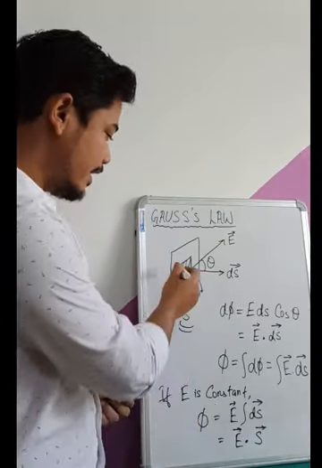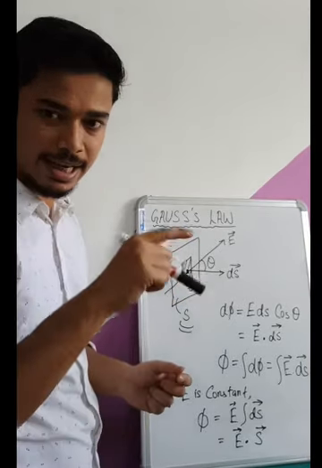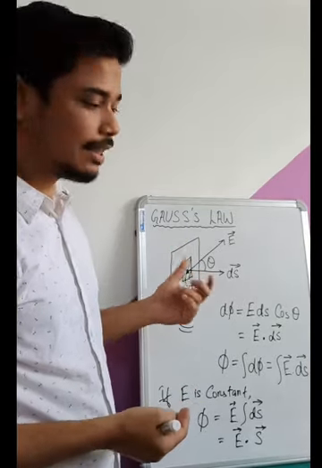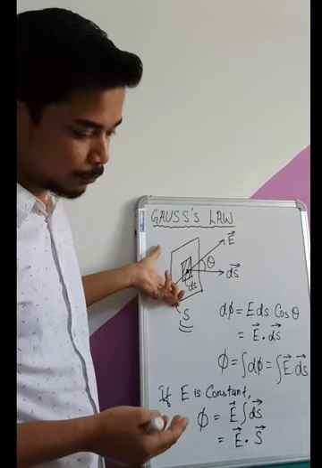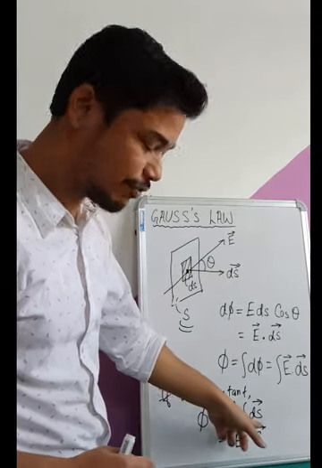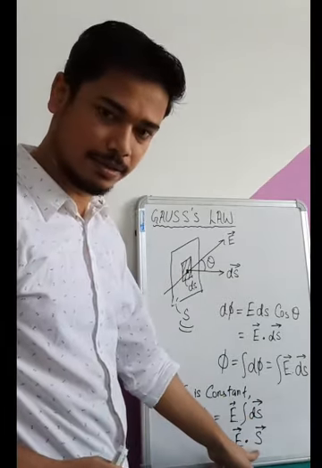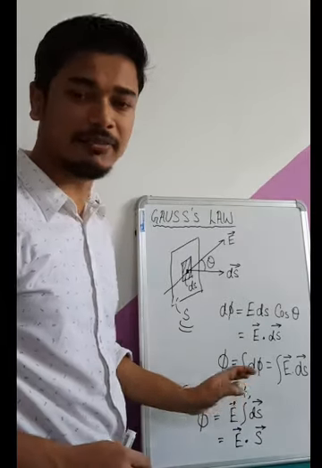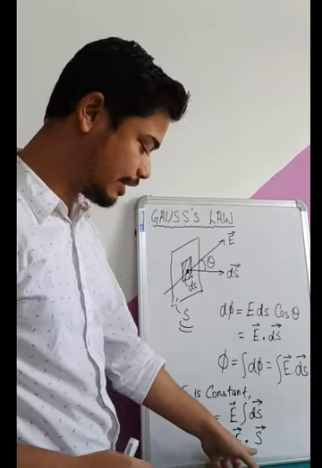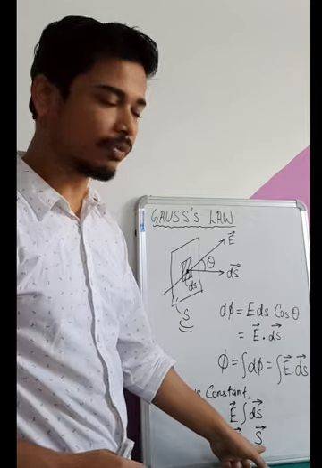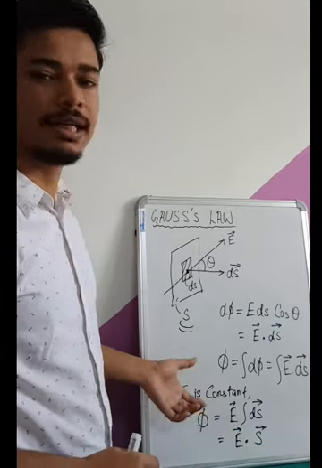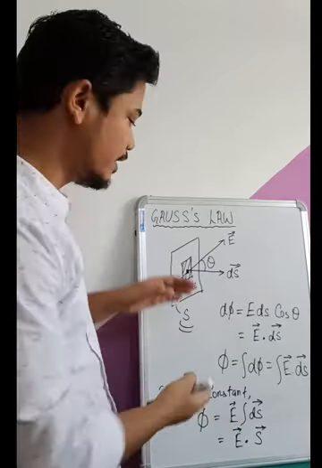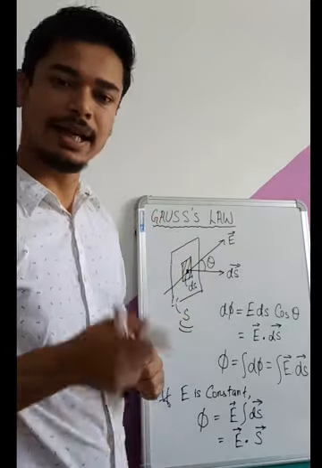If we integrate these small elements ds, we just get the whole surface area, so the integration of ds is S. Considering the vector quantities, this is nothing but E dot ds. This is the total electric flux linked with this whole surface S.